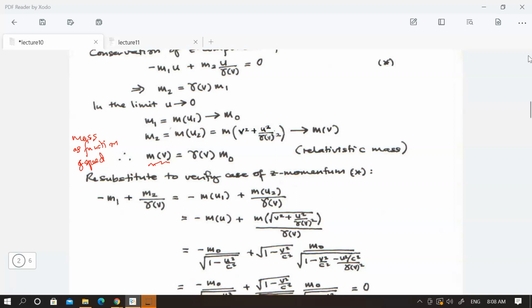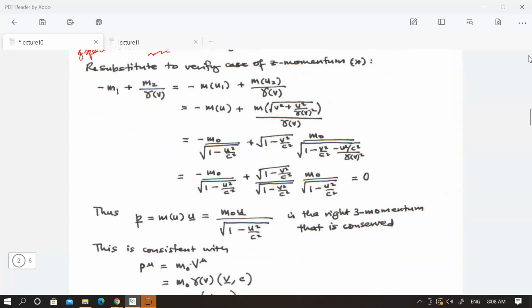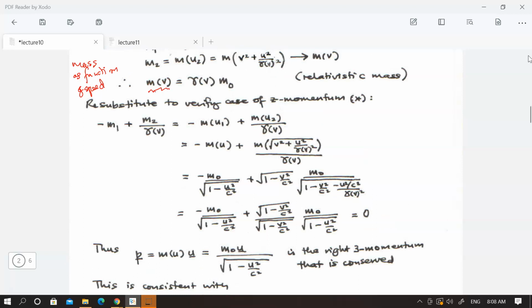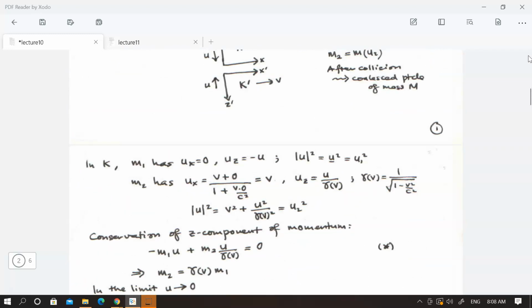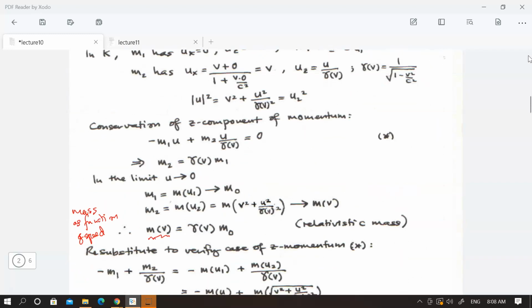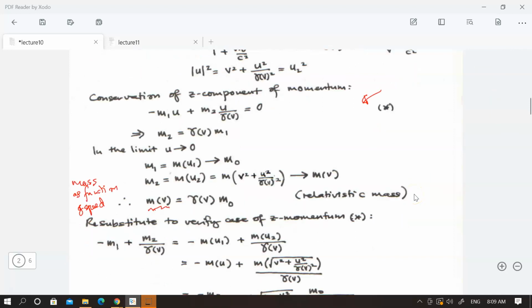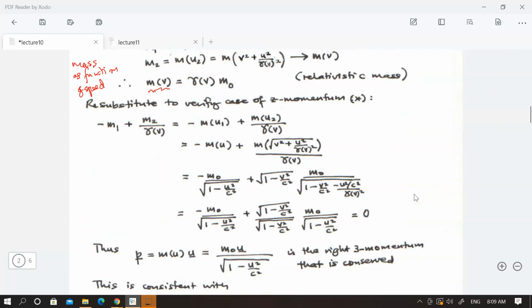Okay, so this is what we have done, and then one can recheck that this formula actually works by resubstituting it into this equation of your conservation of momentum here. So that is essentially what we did over here. So we get to this point.